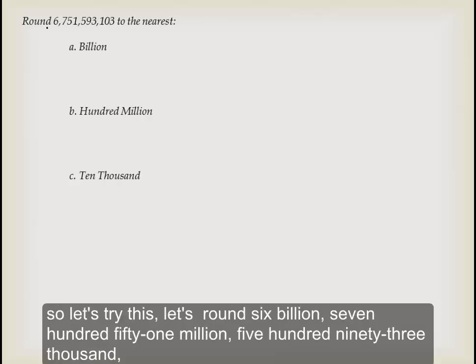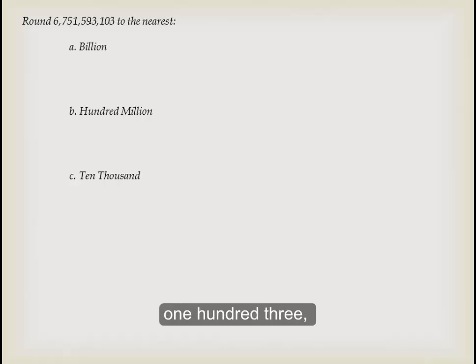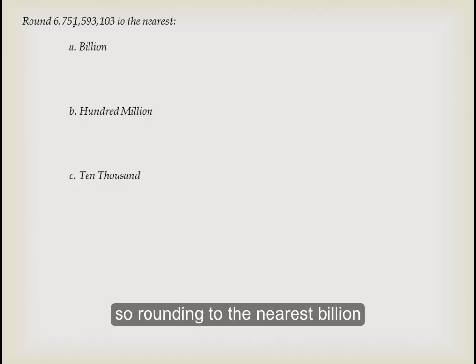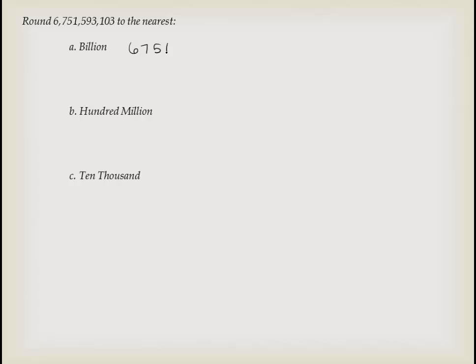So let's try this. Let's round 6,751,593,103. You'll notice I did not say "and" in there. I would only say "and" if there was a decimal. So rounding to the nearest billion, I'm going to rewrite the number.